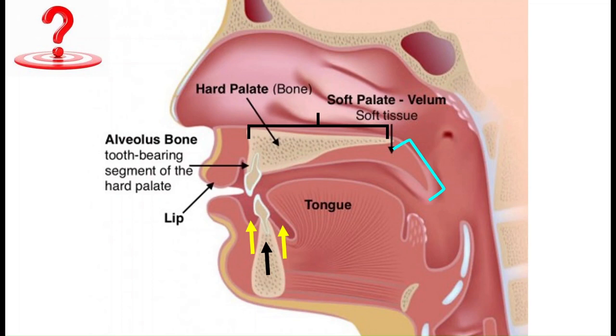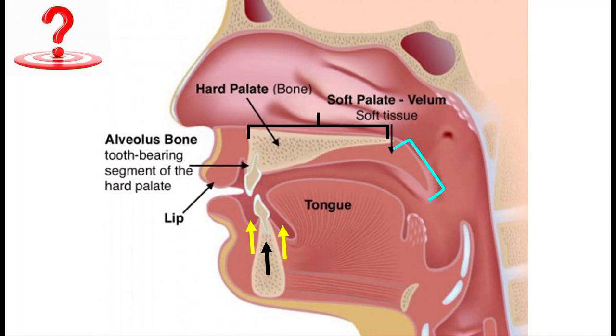Then we come to the soft palate. Here is a question: is the soft palate part of the roof of the mouth? Let us explain a few facts. The soft palate is a kind of valve that goes up and then comes down, and it hangs down from the hard palate.